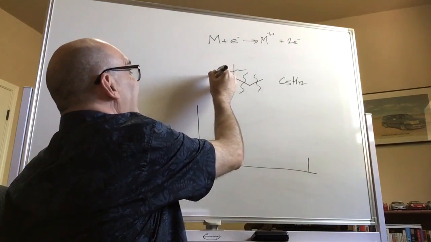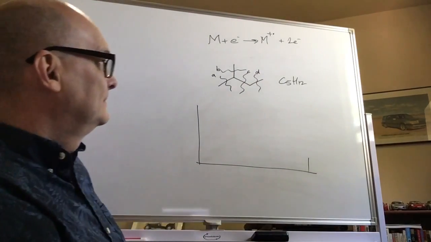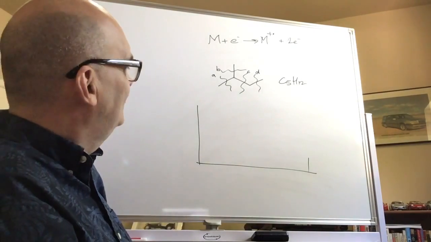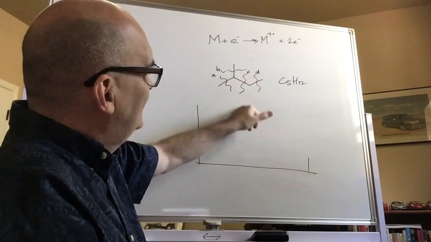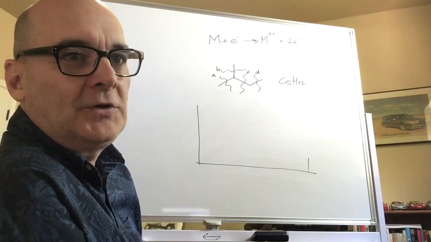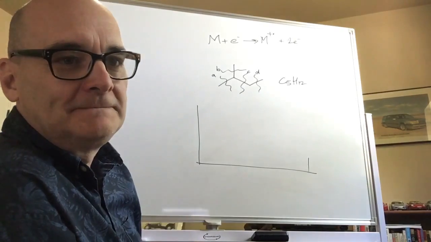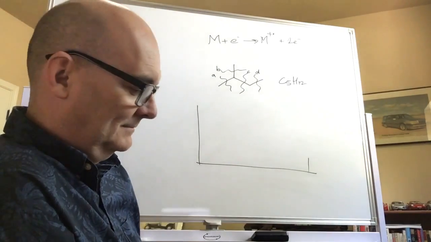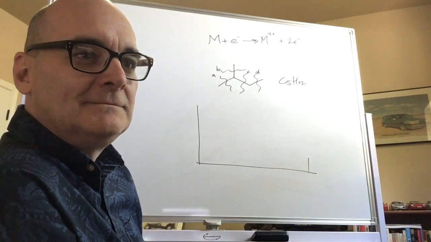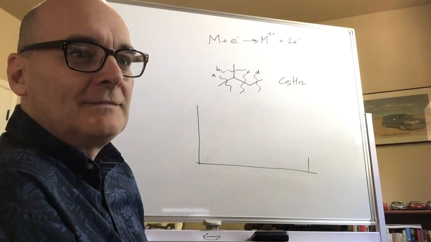I'm going to call this A, B, C, and D. I can cleave this molecule into fragments A, B, C, or D. One of these is going to be preferred over the others. Have a think.